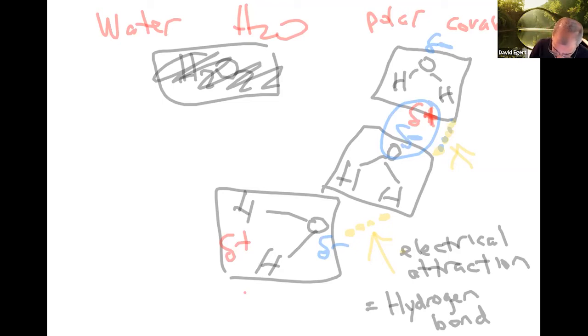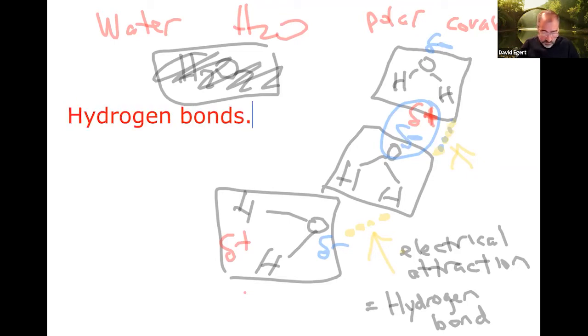Let me be a little more explicit about hydrogen bonding, just because I mentioned it. Hydrogen bonds: one thing is they are not actually between atoms creating a molecule.